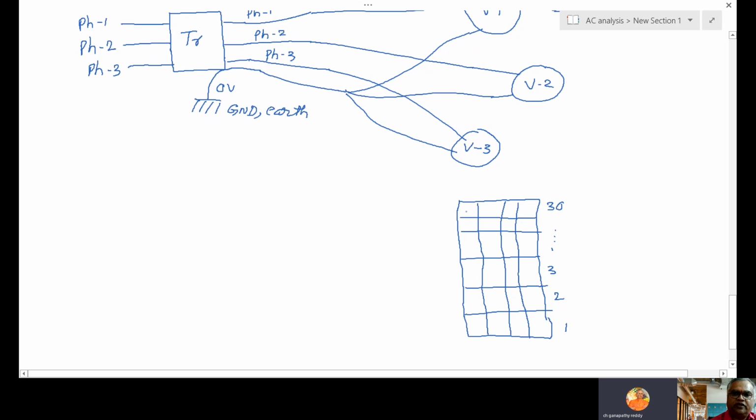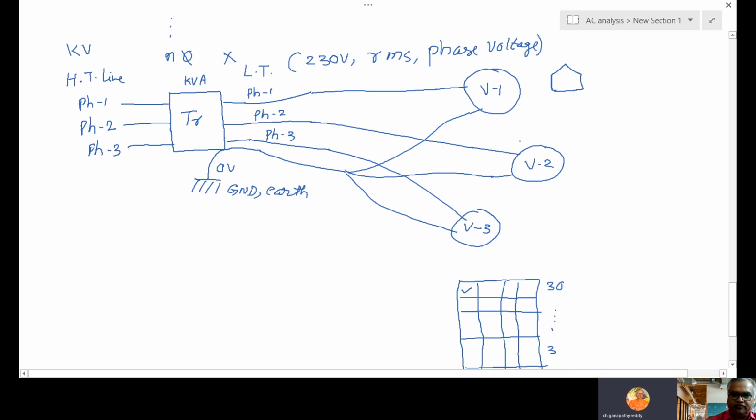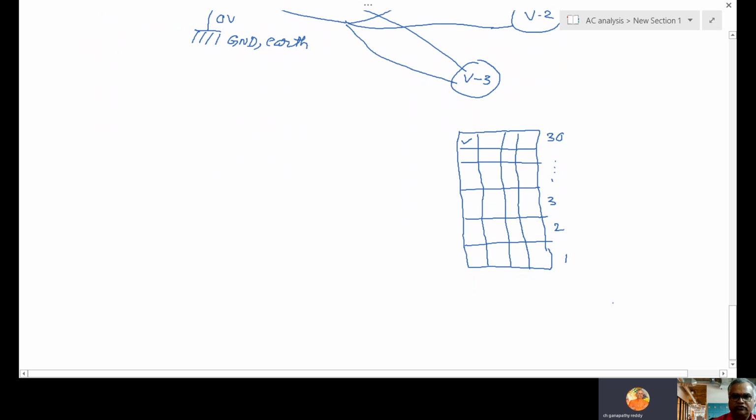Somebody purchases a flat here, and inside again tube light, fan, AC, etc., all run with single phase power supply. But how do they get water? In a village, there is one overhead tank, and with gravity all will get water, and all electrical appliances run comfortably with single phase power supply. But in this apartment culture, with gravity, water will not go to the 30th floor level. So what is the solution?